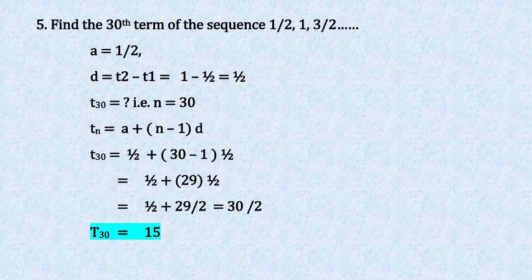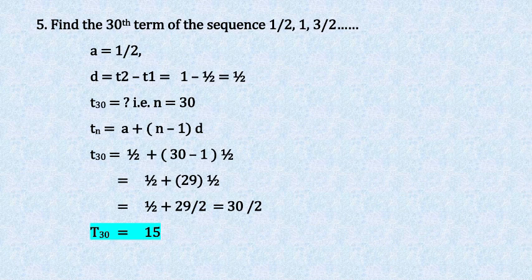Question number 5. Find the 30th term of the sequence 1 by 2, 1, 3 by 2 and so on. As I told in the previous problem, now we are solving the problems of arithmetic progression, so you just cross check mentally whether the given terms are in an AP or not. I will proceed with the formulas of AP.